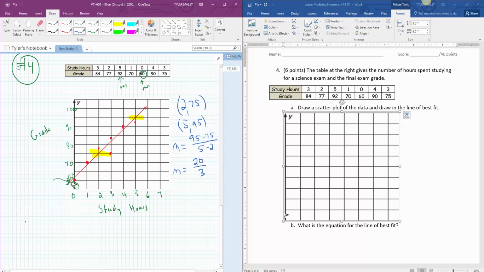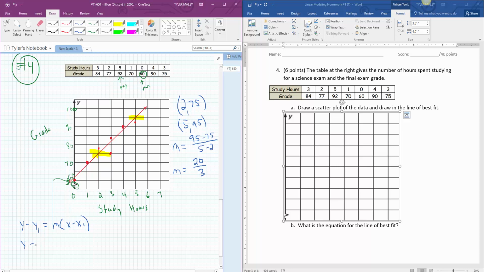I think it's easier in this case, but you can use slope-intercept form if you wish. Point-slope form is y minus y1 equals m times x minus x1. So if I plug in slope and one point, the point 2, 75, then we can get an equation and put it in slope-intercept form.